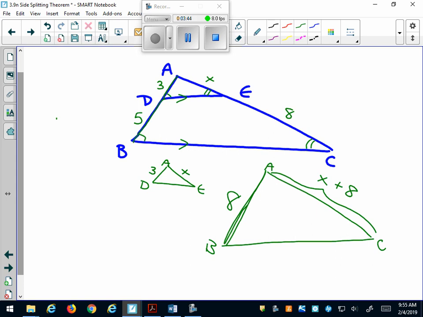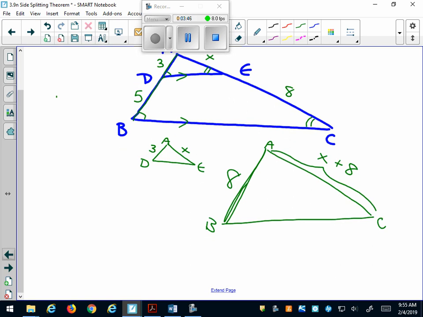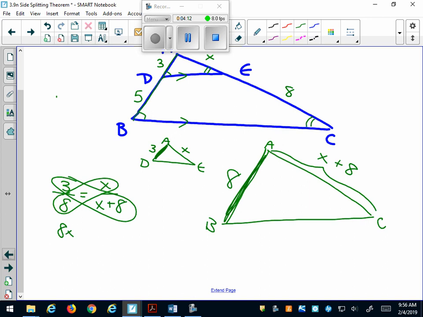Okay, so when we do the proportion, we're going to say 3 is to 8, left is to left, as what? X is to x plus 8. Does that make sense? Yes? Okay, so now when we cross multiply, like we know how to do with proportions, we're going to get 8x equals 3 times parentheses x plus 8.